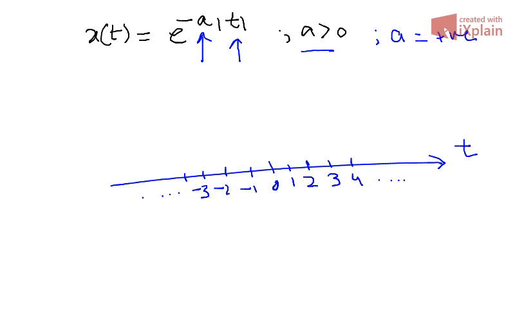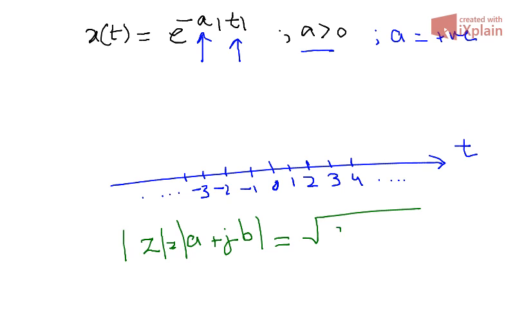But here we don't have t, we have mod t, which is known as the absolute value of t. As you remember, if you have some number in general, a plus j times b, and you want to find its mod, you can write it as the square root of the square of a plus the square of b.